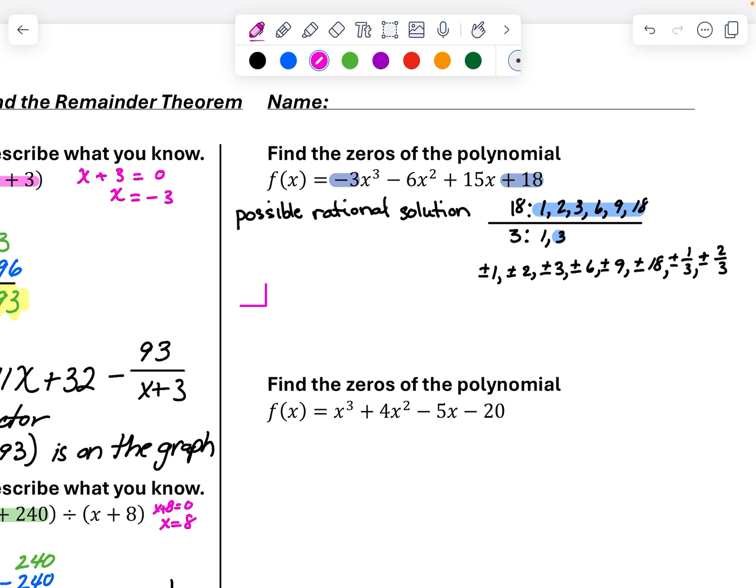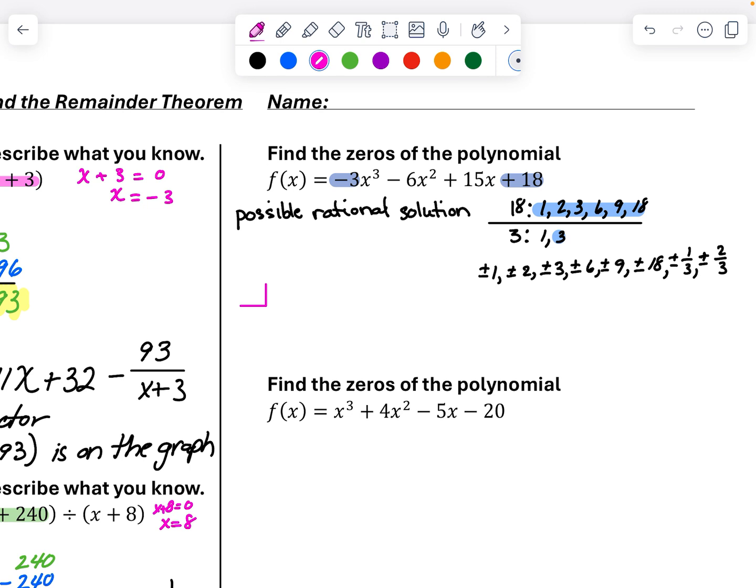So if it was me, I would put the polynomial, negative 3x to the 3rd power, minus 6x to the 2nd power, plus 15x, and then plus 18, in my graphing calculator, or in Desmos, and I would look at the table, and I would look for any place where the value of y is 0.